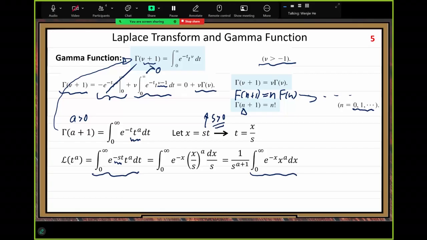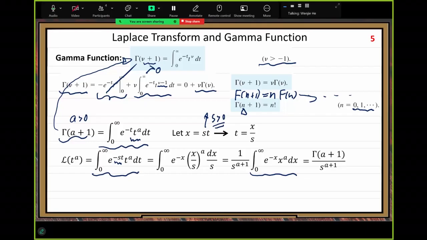After you replace x by t, what is it? This integral is the gamma function of a plus 1.